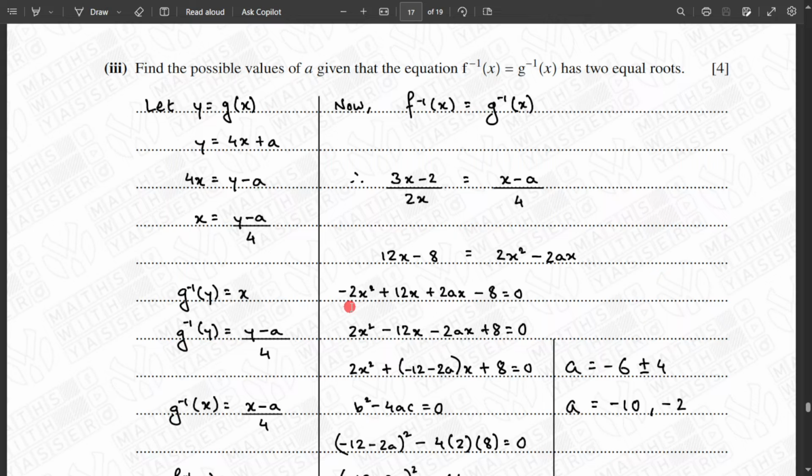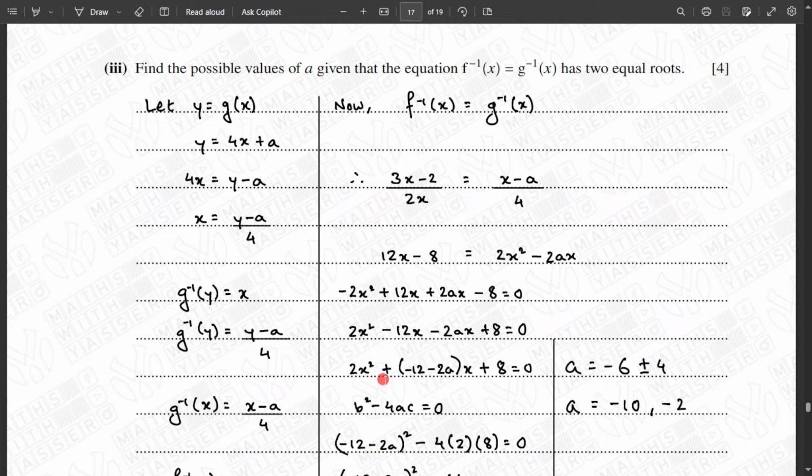So, this will become minus 2x squared plus 12x plus 2ax minus 8 is equal to 0. If we multiply by negative 1 on both sides, we will get 2x squared minus 12x minus 2ax plus 8 is equal to 0.